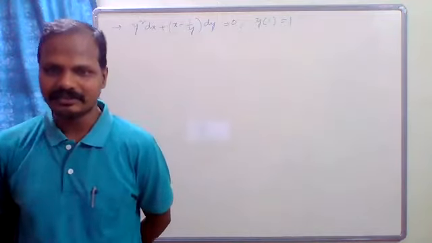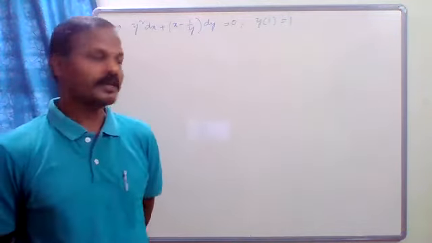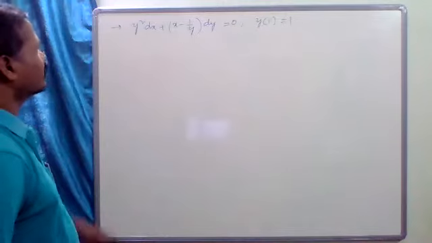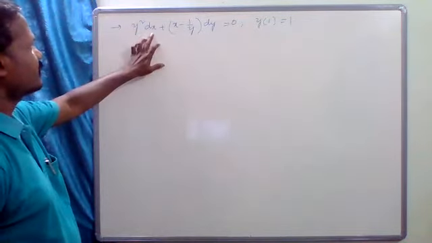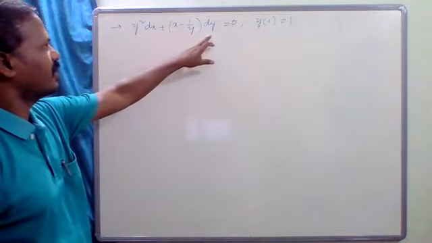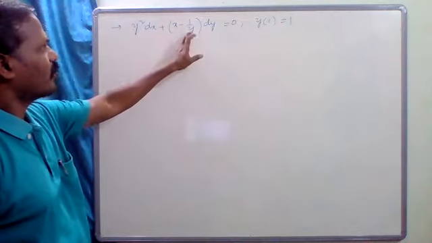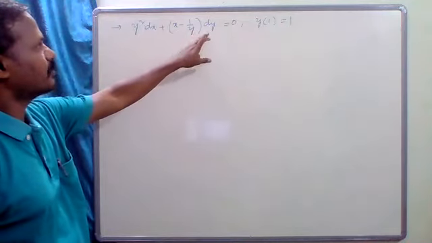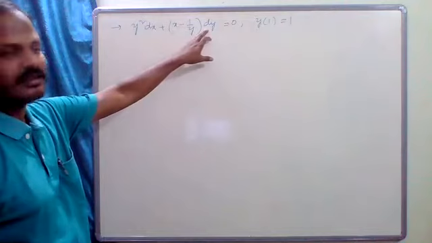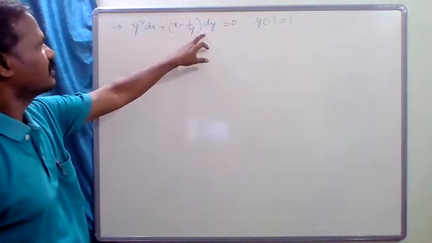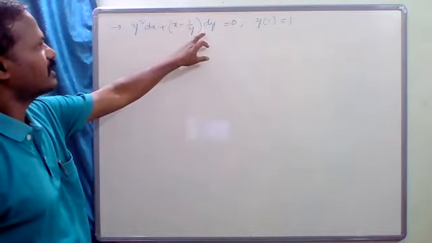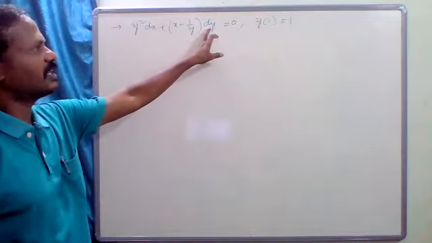Yeah, linear in x. Good catch. Because of y square dx, x dy, and 1 by y dy. Observe 1 by y dy: here y is multiplied with dy.